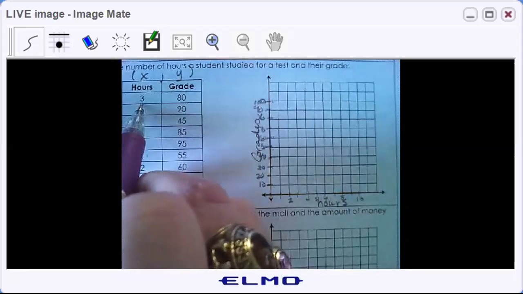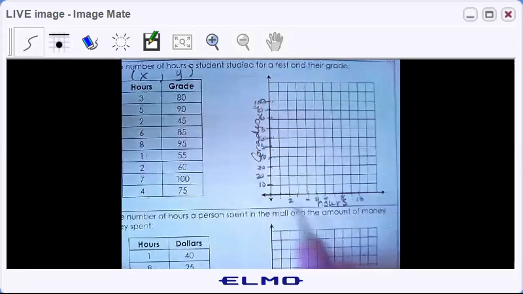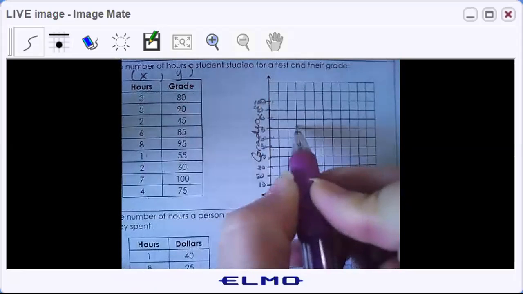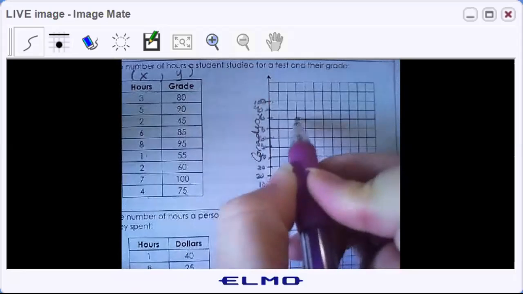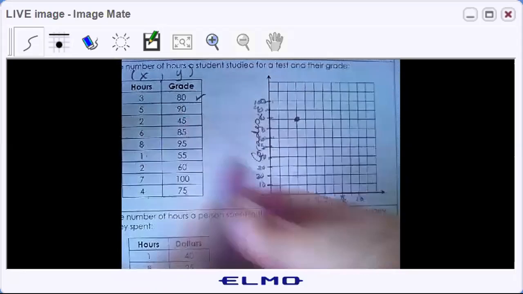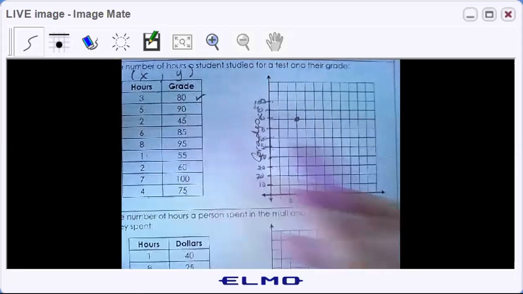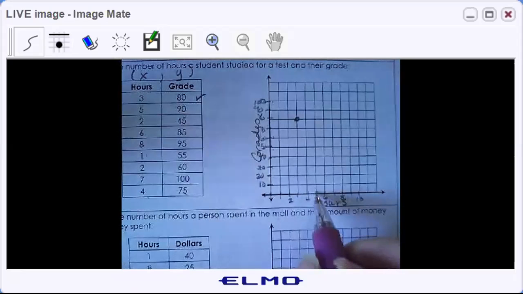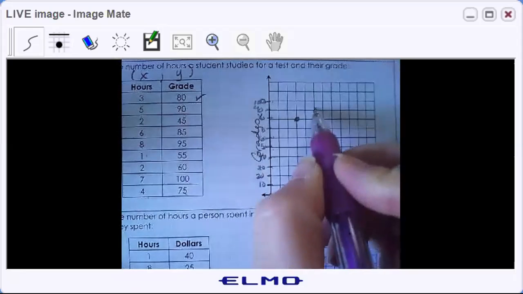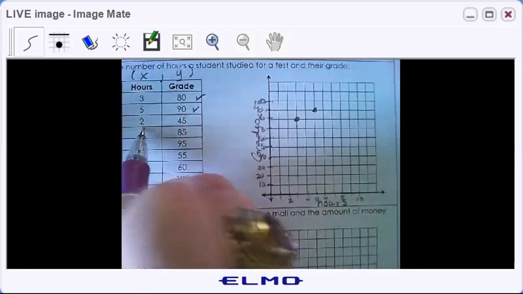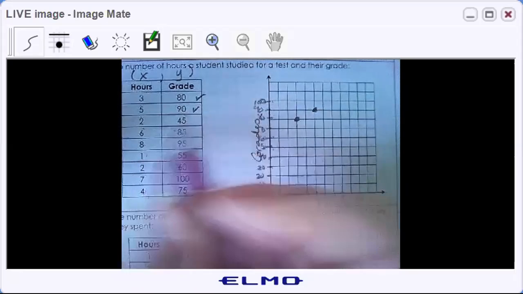First person took 3 hours to study and they made an 80. So I go over to 3 and then up to 80 and I put a dot. Then I've got 5 hours studied and a 90 on the test. Over to 5, up to 90. 2 hours spent studying, they bombed the test, they made a 45.